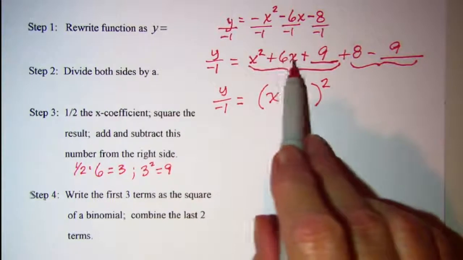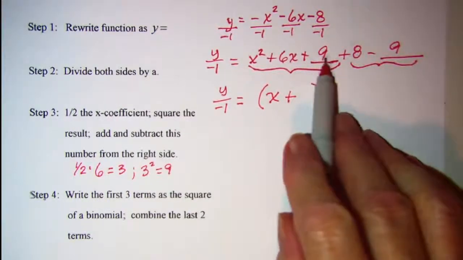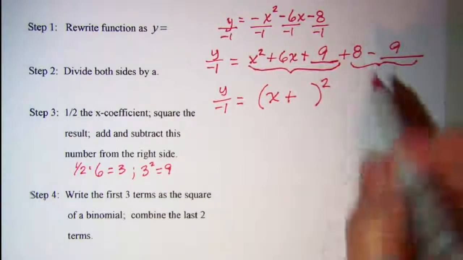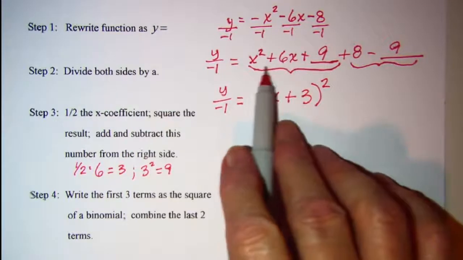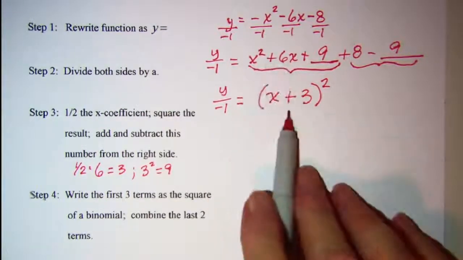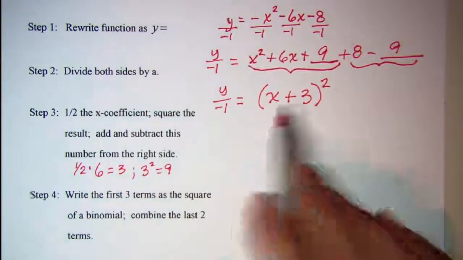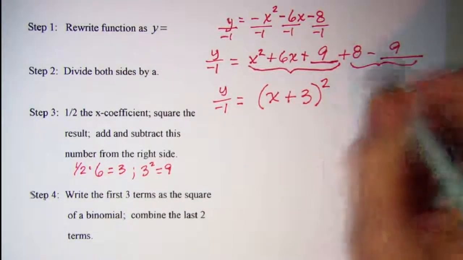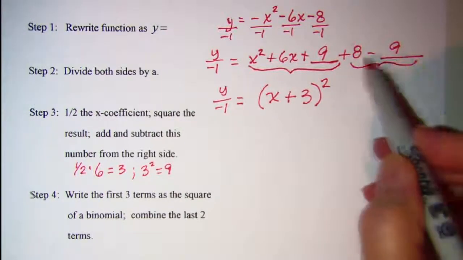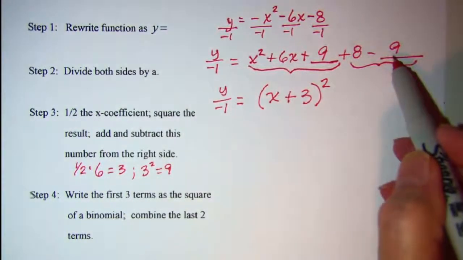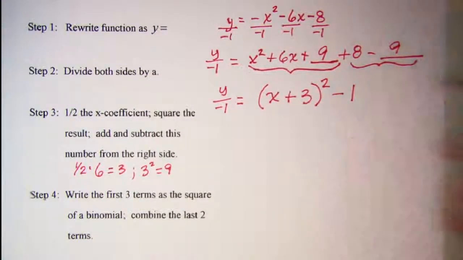Take the sign of the middle term here, and that's plus. And then square root the last term in the trinomial, and that's 3. So these 3 terms can be rewritten as the square of x plus 3. And then I want to combine these last 2 terms. Positive 8 and a negative 9 is negative 1.